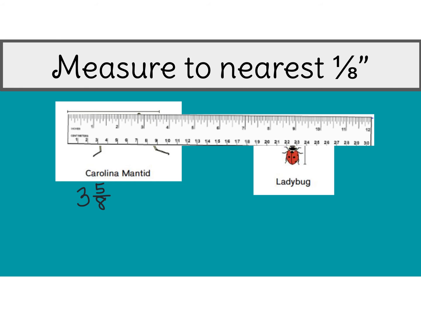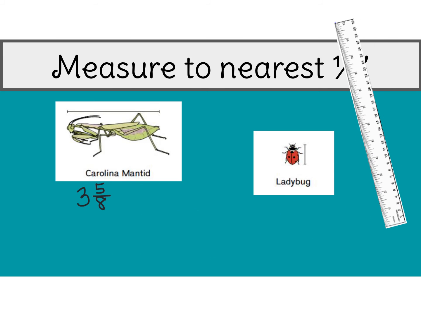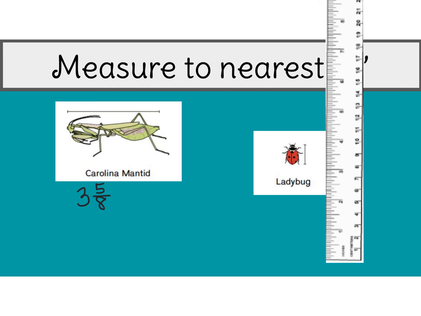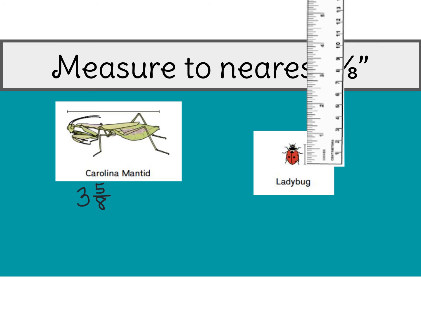So next we're going to take a look at the ladybug that we have here. And I'll have to turn my ruler around and get that set up. We're going to measure that the best that we can. So go ahead and pause your video, see if you can figure out what that measurement's going to be.